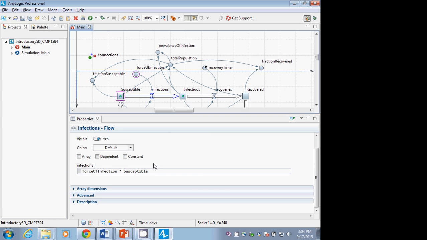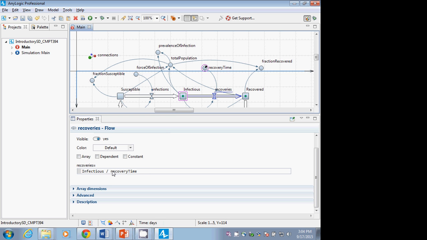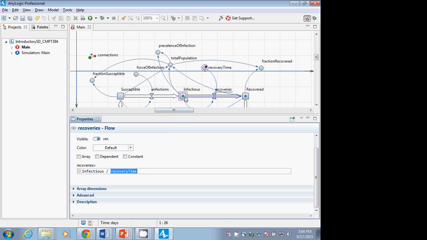The number here of infections per week is given by this formula. Number susceptible for sure, but times this force of infection. But meanwhile, the number of recoveries per week is given by infectious divided by recovery time. So even if infectious and susceptible have exactly the same values, the value of these flows might be different.